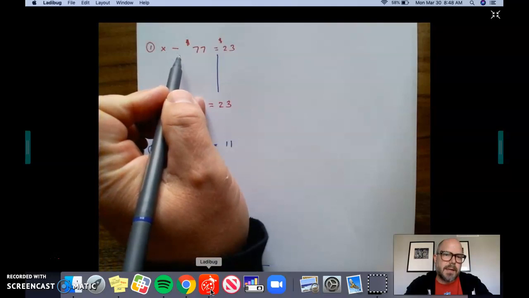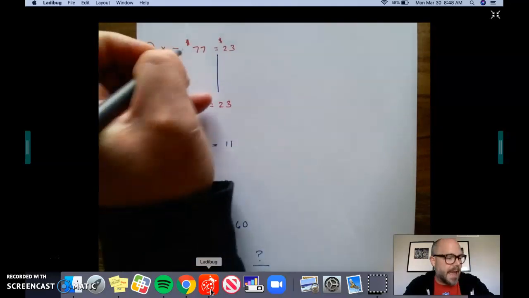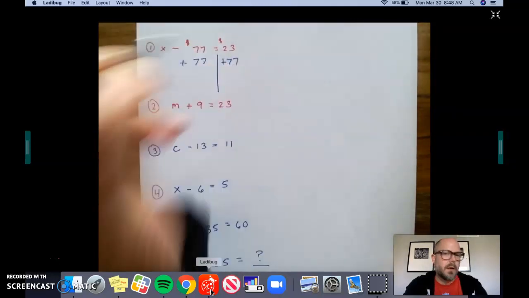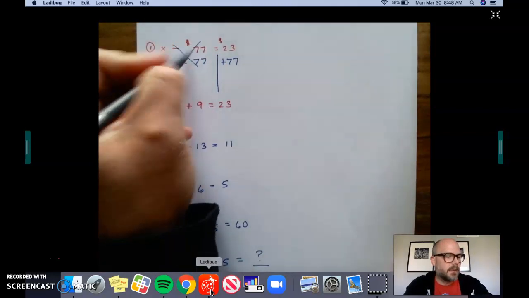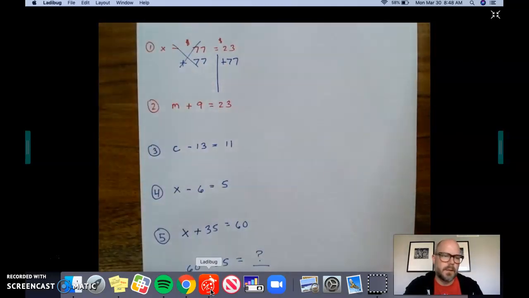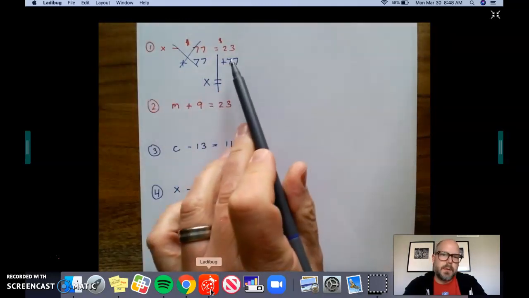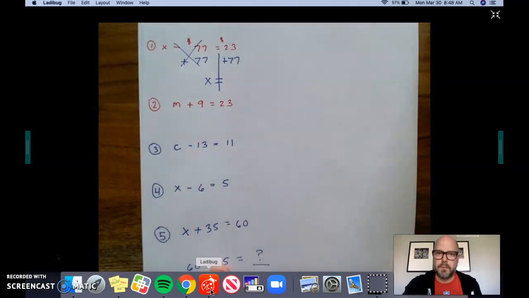If I am subtracting 77, the opposite of subtract 77 is add 77. And I'm going to do that on both sides. On this side, they cancel out. So I'm going to bring down my x. And 23 plus 77. And again, please be using a calculator if you have one.